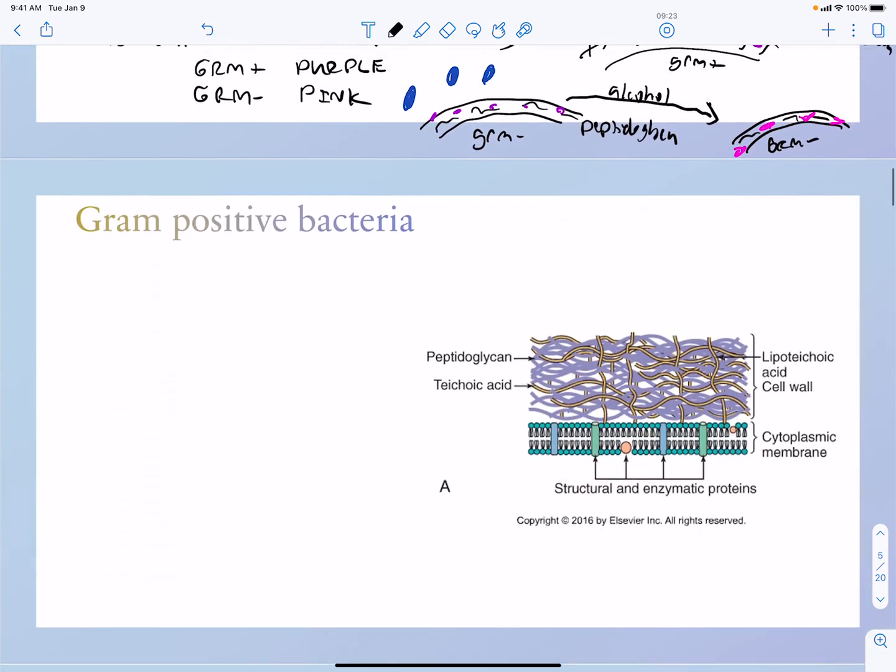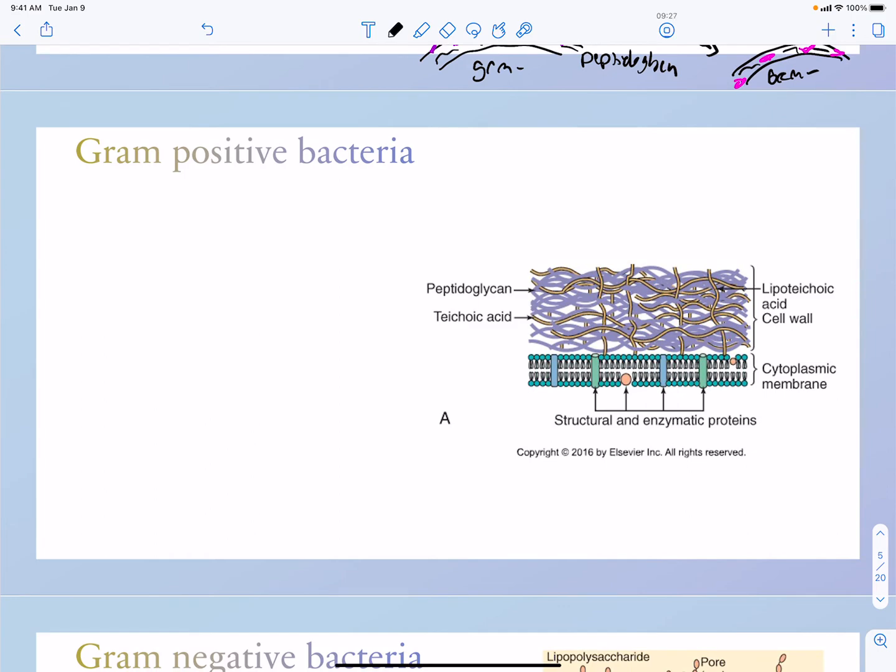All right, so let's look at the different gram-positive versus gram-negative. So here's a nice picture of it. Again, you have your peptidoglycan, which we'll talk about in just a moment. You have other acids on the outside, teichoic acid, lipoteichoic acid.